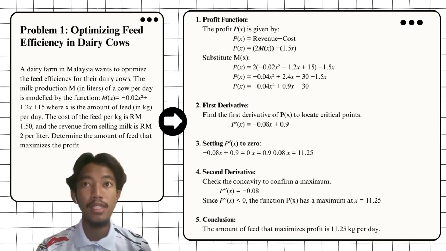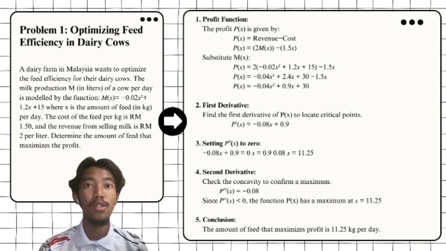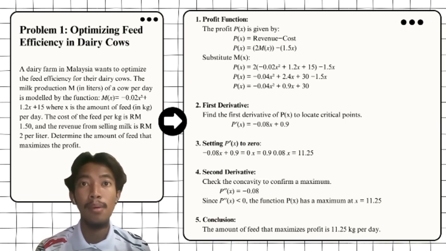The problem statement: a dairy farm in Malaysia wants to optimize the feed efficiency for their dairy cow. The milk production M for a cow per day is modeled by the function M(x) = -0.02x² + 1.2x + 15, where x is the amount of feed per day.